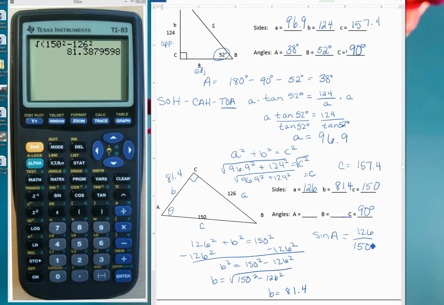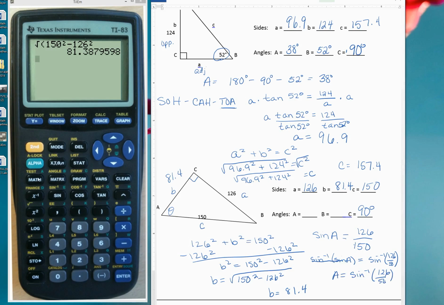Now, to solve for A, we're going to take sine inverse of both sides, because if we have sine inverse of sine of A, that's equal to sine inverse of 126 over 150. Okay, so here the sine and the sine inverse cancel each other out. So A is equal to sine inverse of 126 over 150, and that's something we can just put in our calculator.